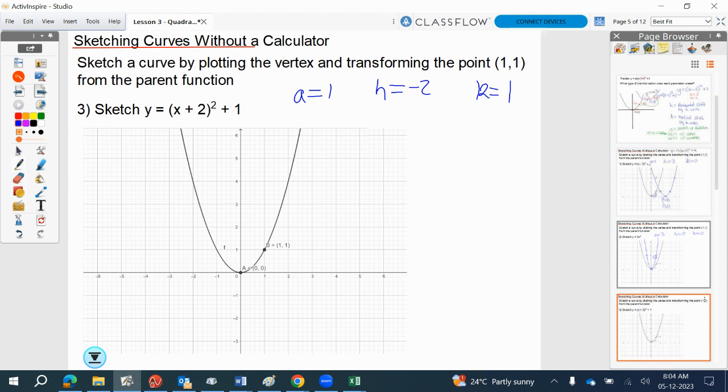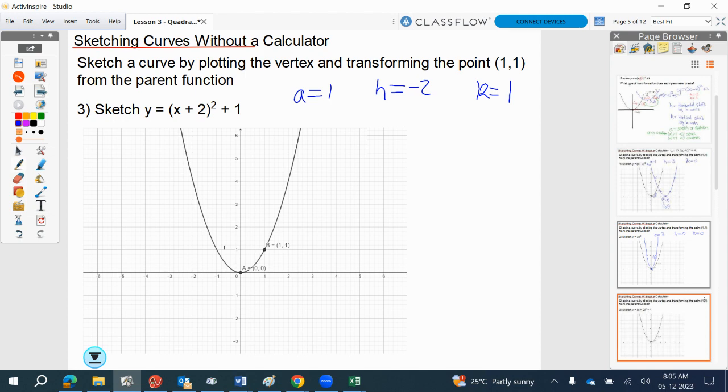Okay, what is the value of h? -4. No. Look at the board. -2. What is the value of k? What are the coordinates of the vertex?